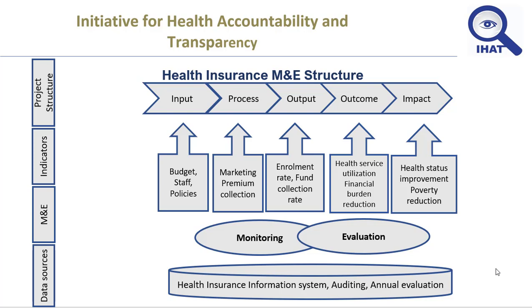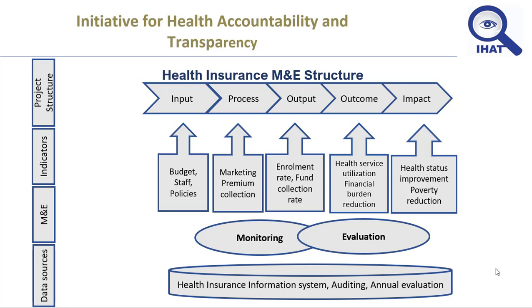For example, under the input, we can have budgets, staff responsibilities, and policies as some of the inputs, while the process includes marketing and premium collection. The output will be the enrollment rate and the fund collection rate, while the outcomes are the health service utilization that we see and the financial burden reduction.